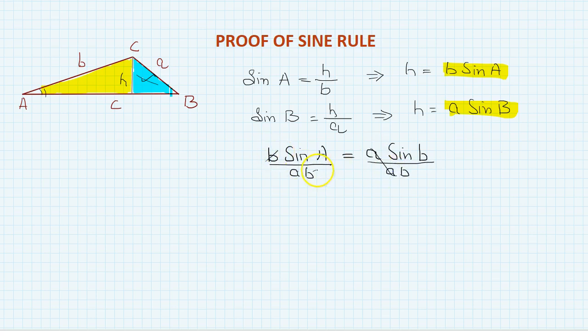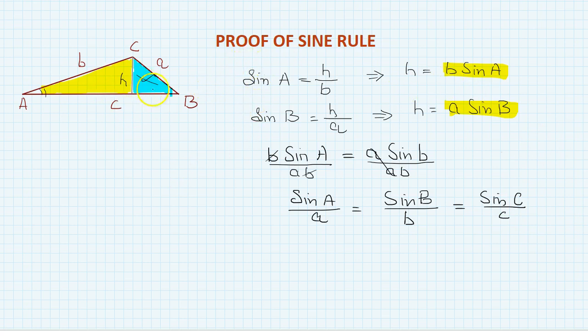This cancels and this cancels. So what we have here is sine A over A is equal to sine B over B, and in the same way we can prove that it is equal to sine C over C.